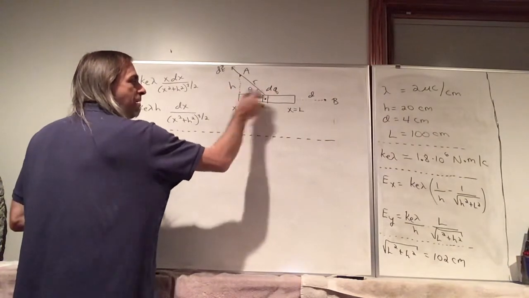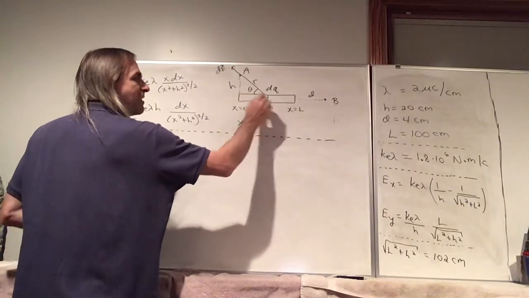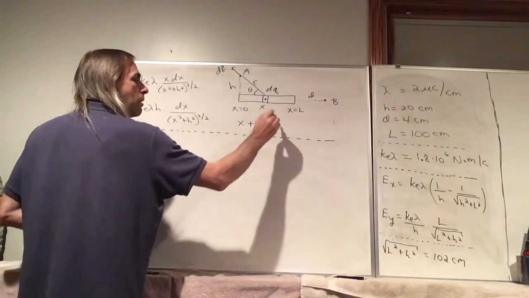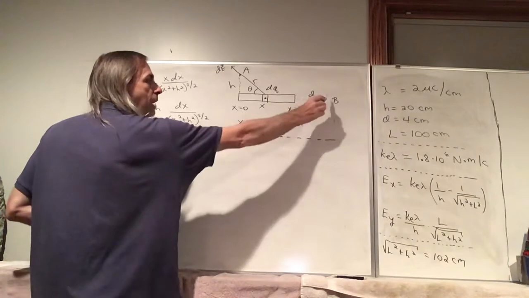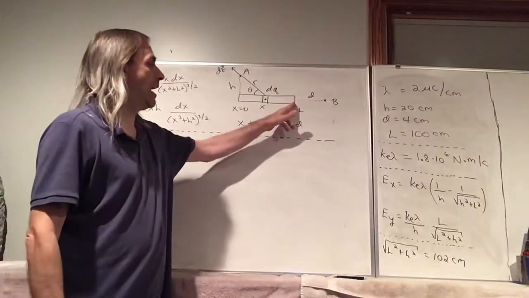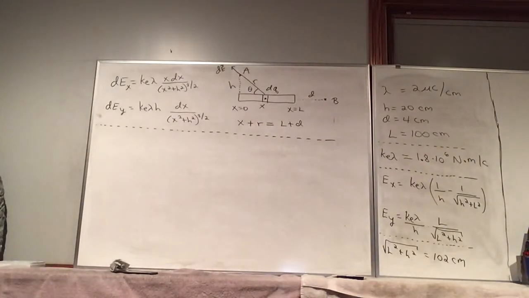From here to here is x, and this distance is r. So we have x plus r equals L plus D, because the x-coordinate of point B is L plus D. We go from the end of the rod plus a distance D. And so R is L plus D minus x. That's the one we want.